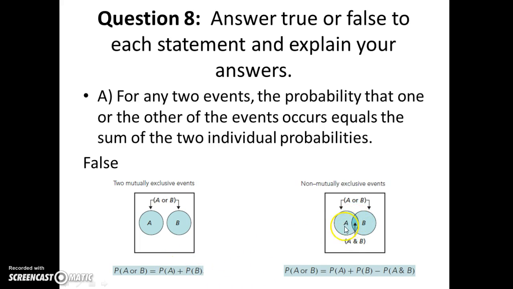Because when you add the probability of event A plus the probability of event B, you count this common part twice, and it's not going to give you the accurate answer. So we should subtract it, and that's going to be the formula. Because the statement says for any 2 events, we say that this statement is false because it's not true for any two. It's only true for mutually exclusive events.